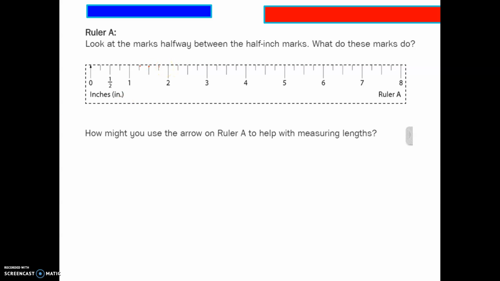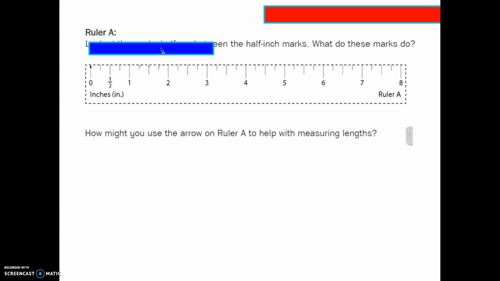And like I said, when you're going to measure something, you are going to take that object and line it up on the 0 if there is one, or at the edge of the ruler, and you're going to see about how long that object is. Okay?